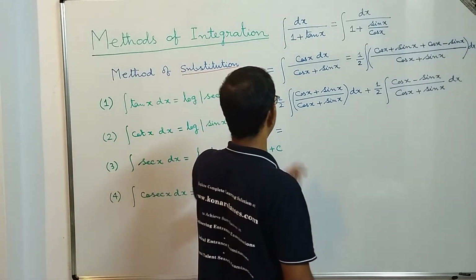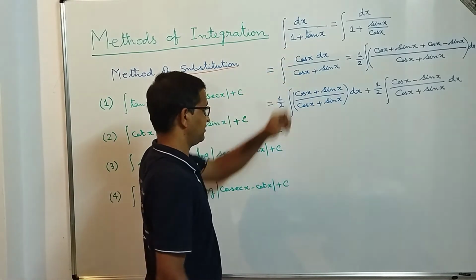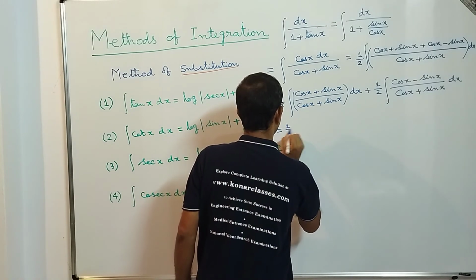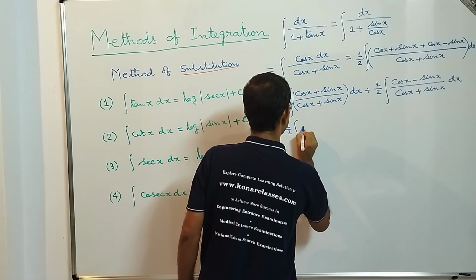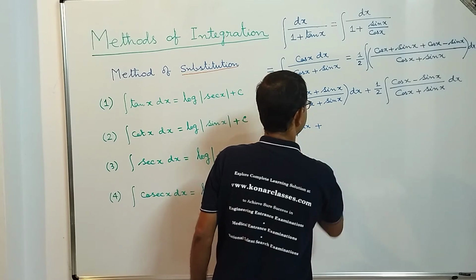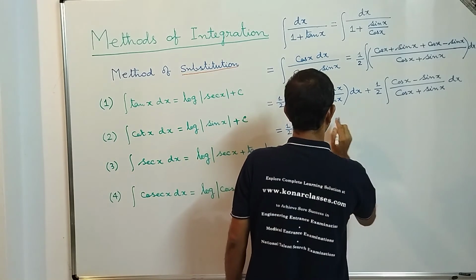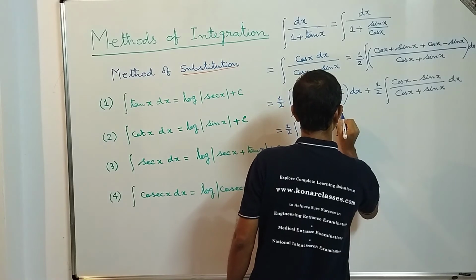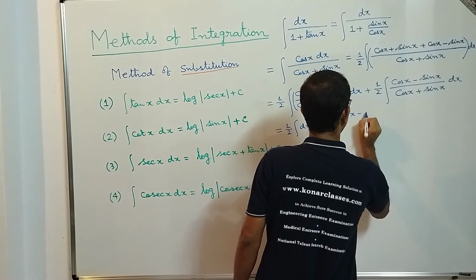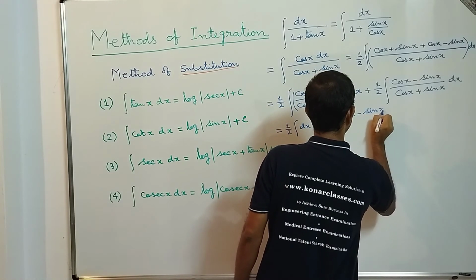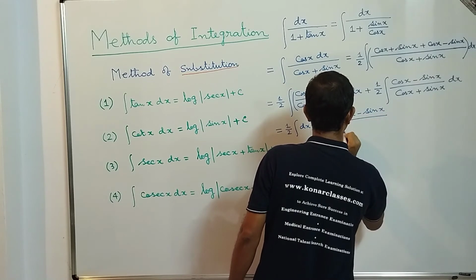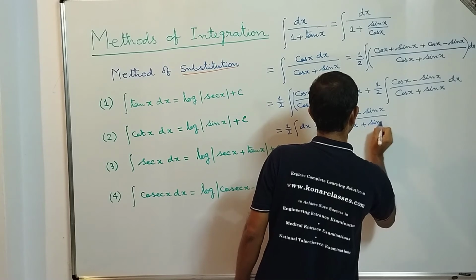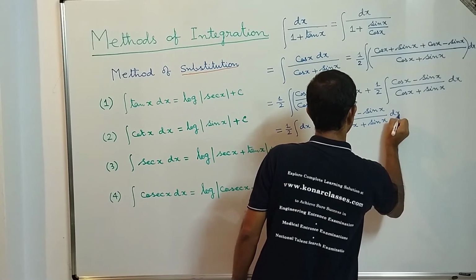This is quite obvious, otherwise this question doesn't make any sense. So this is equal to 1 by 2 integration dx plus 1 by 2 integration of cos x minus sin x divided by cos x plus sin x dx.